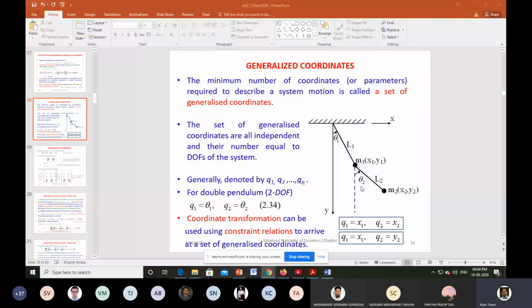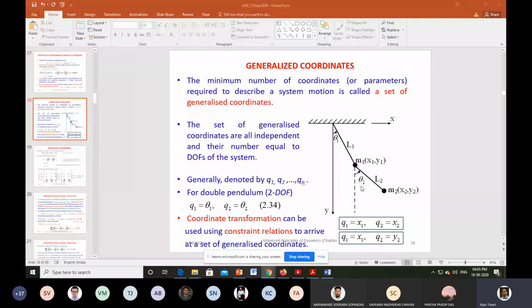So the choice of generalized coordinates should be such that we get an equation of motion that is as simple as possible. As we progress in this course, we'll see how to choose generalized coordinates more effectively.